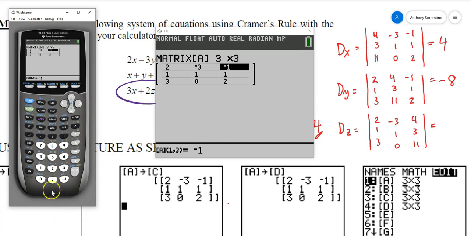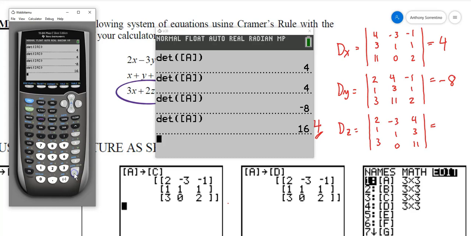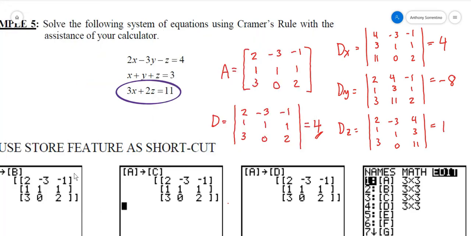And here I'm going to hit the 4, the 3, and the 11. And so if I do determinant of A again, I'm going to get 16.